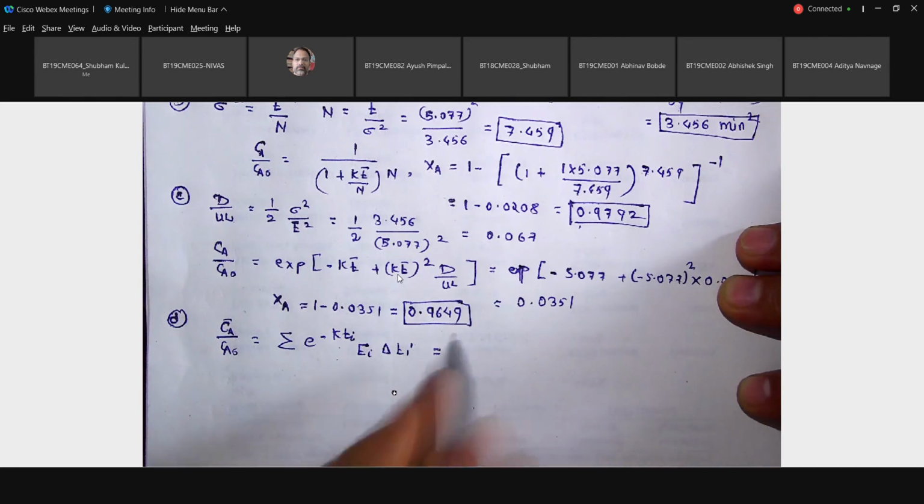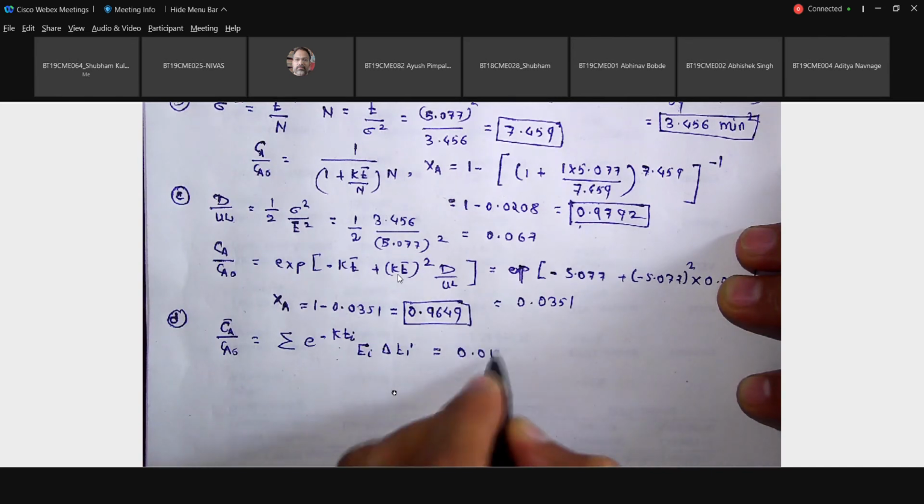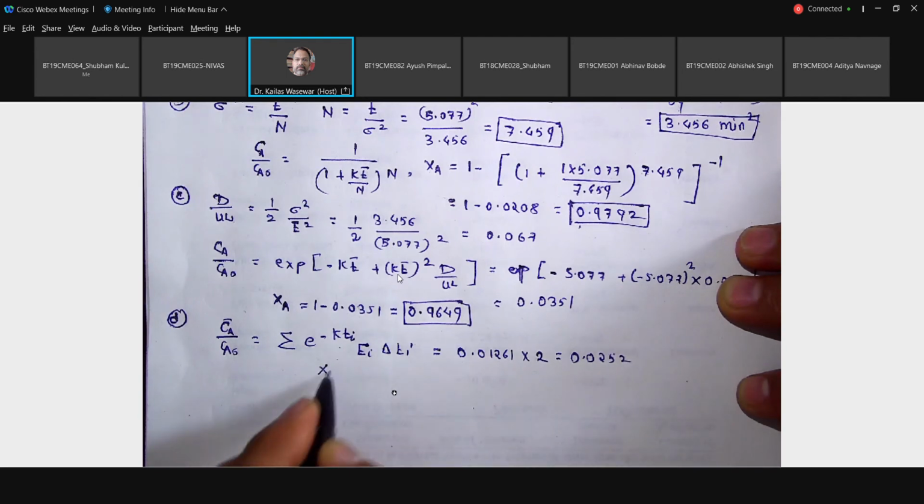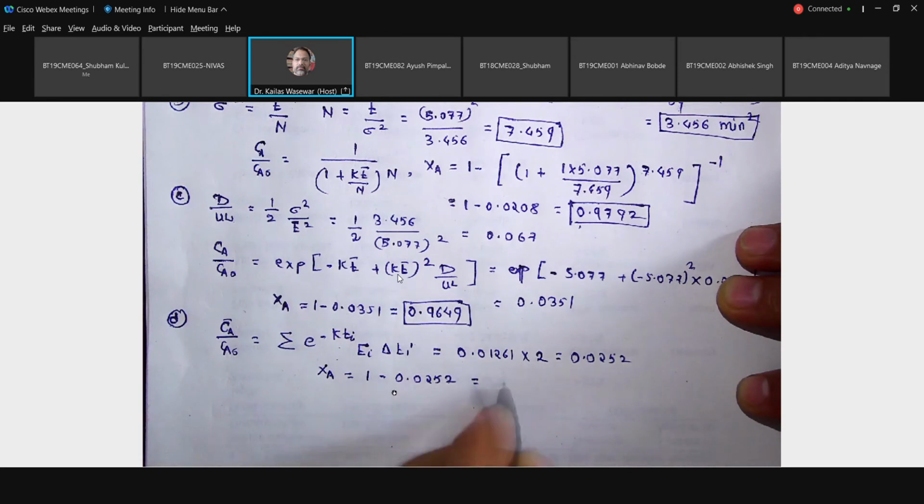So this will be 0.01261 into 2. So this will give the 0.0252. So XA will be 1 minus 0.0252. So it is going to be 0.9748.